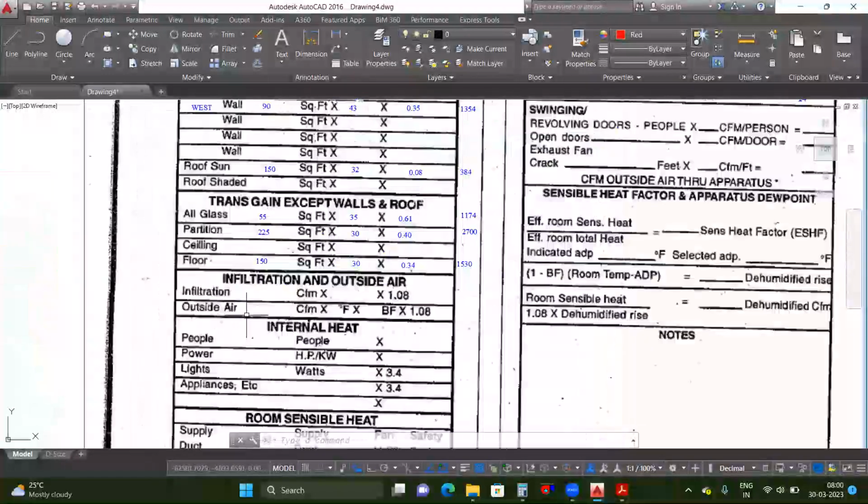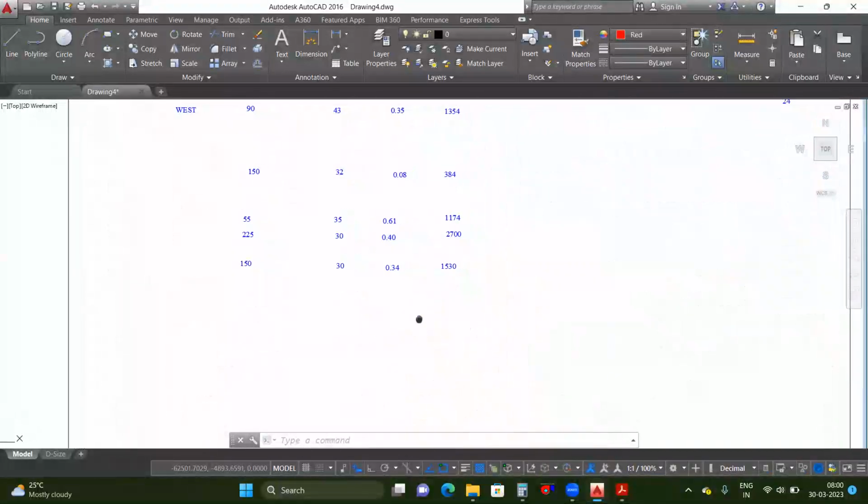Okay, outside air. So we need to find out the outside air heat. When outside air is coming inside the room, we need to add some heat also.